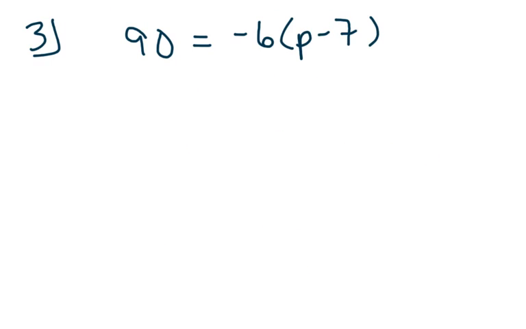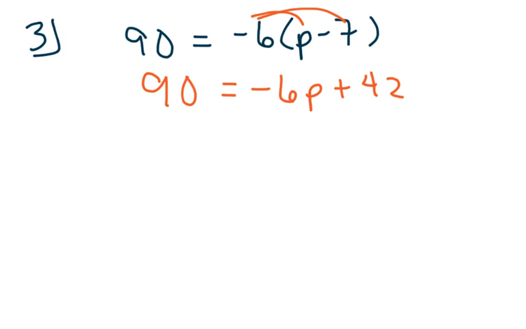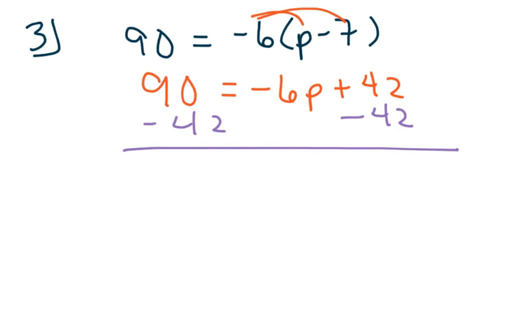Oh, this one, distribute. We've got an easy one in here. So that's just negative 6p plus 42. Subtract 42 from both sides. We're at PEMDAS backwards already. And when you subtract, you get 48.